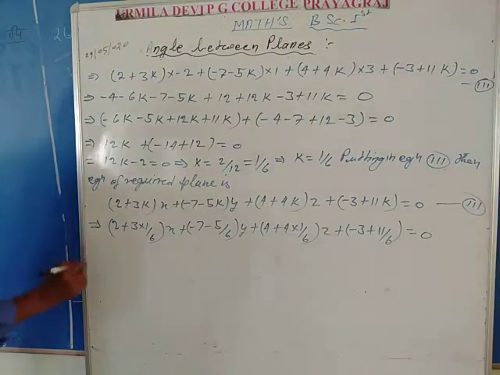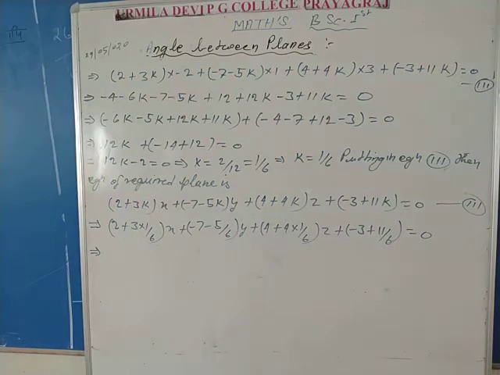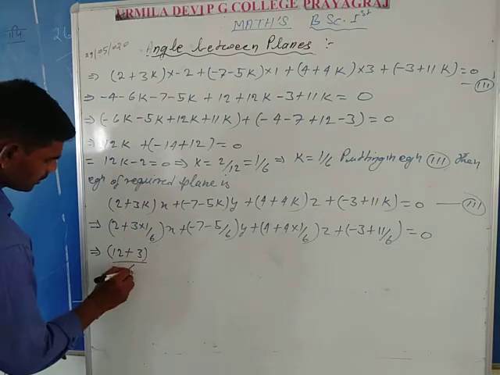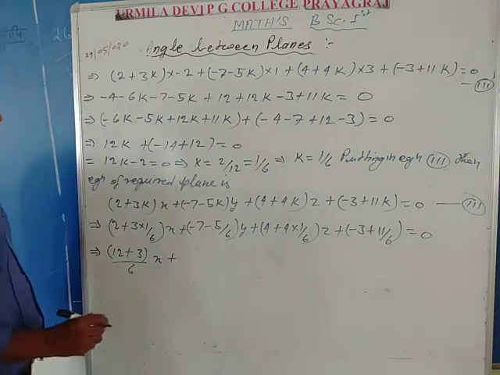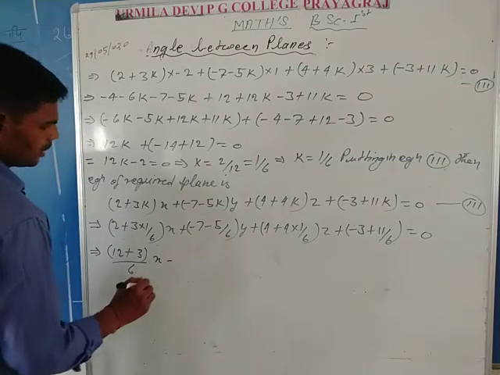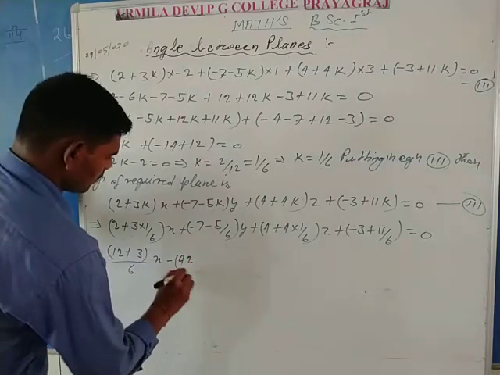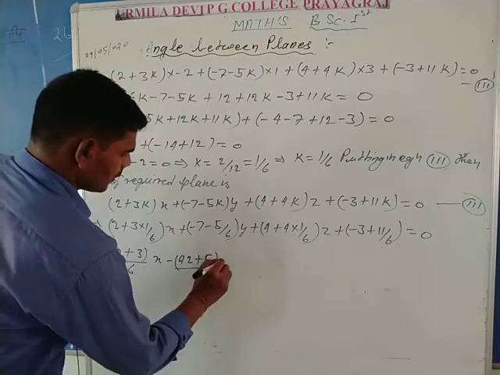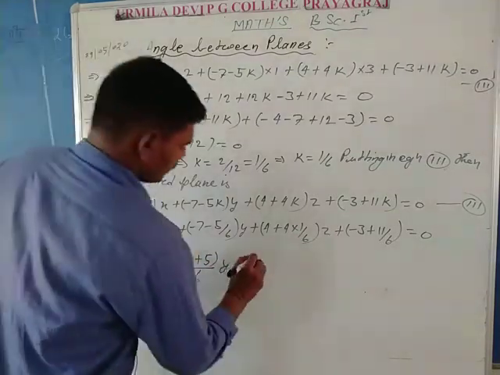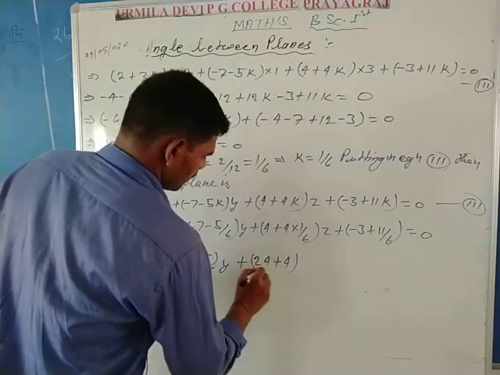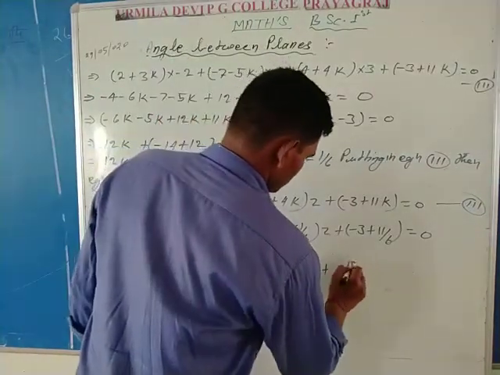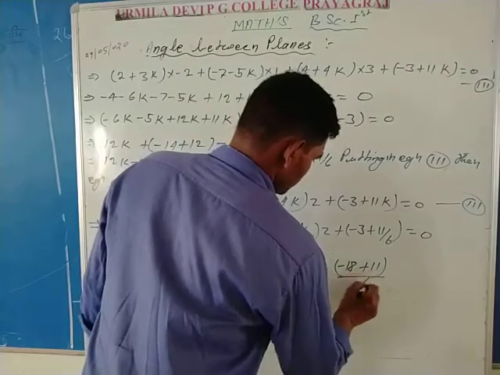Simplifying this equation: (12 + 3)/6 x plus, taking minus outside the bracket, -(42 + 5)/6 y plus (24 + 4)/6 z plus (-18 + 11)/6 is equal to 0.